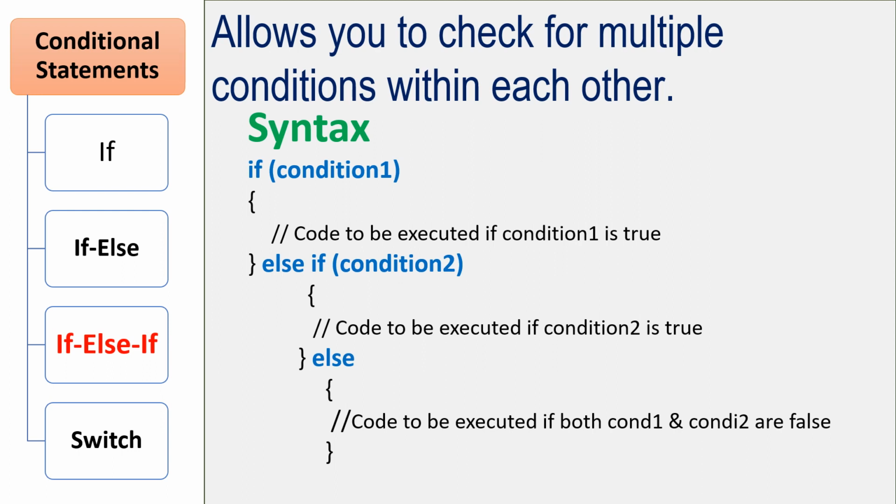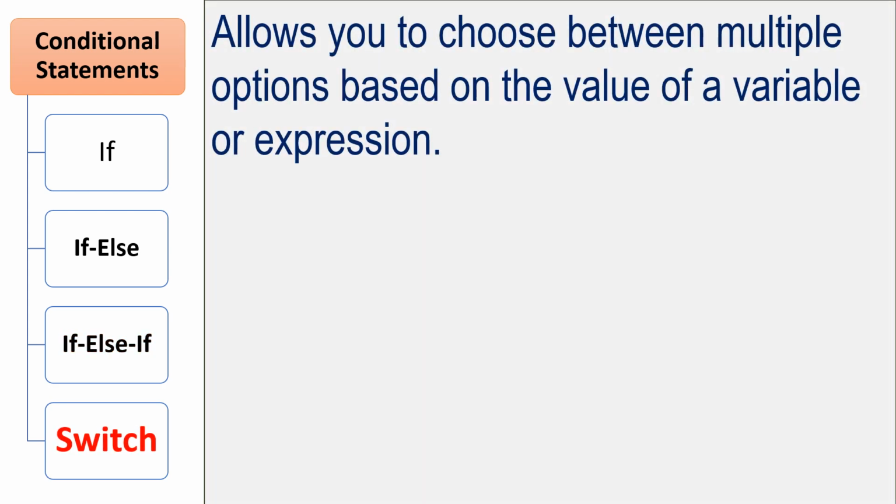This continues until the true condition is found or until the else block is reached. The else block executes if none of the previous conditions are true. This is helpful in handling multiple statements in a program. Helps you to choose between multiple options based on a value.